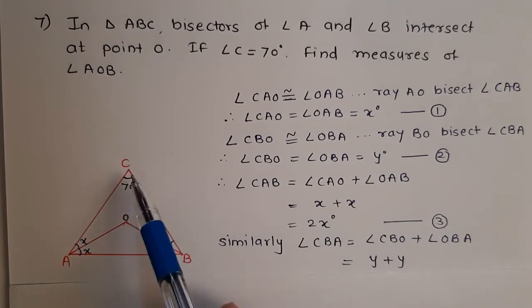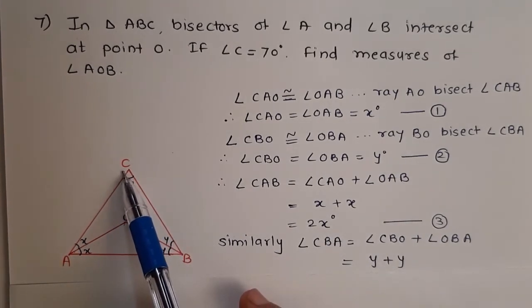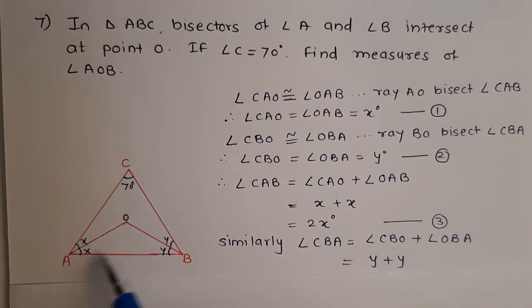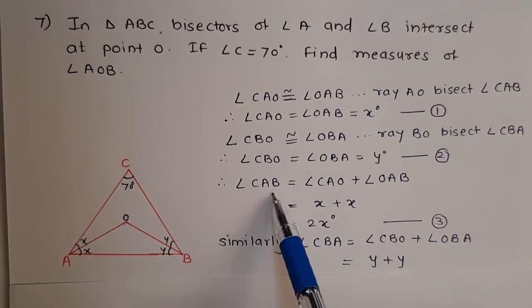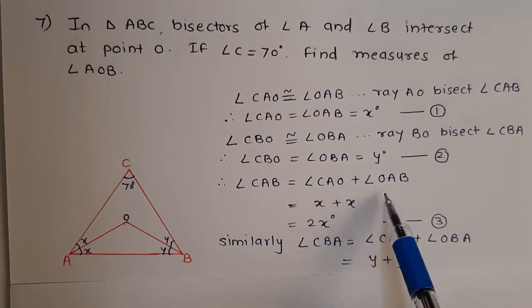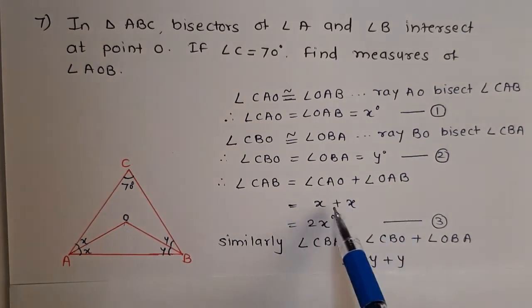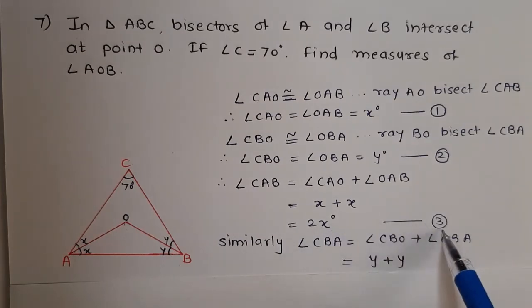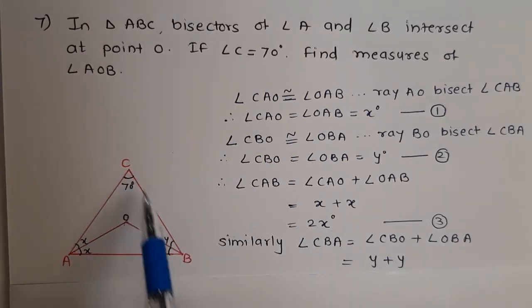Now when we take the angle CAB, at that time we take the sum of these two angles CAO plus OAB. See here, angle CAB equals CAO plus OAB equals x plus x, which equals 2x. This is our third equation. Similarly, CBA equals CBO plus OBA, that means y plus y equals 2y.